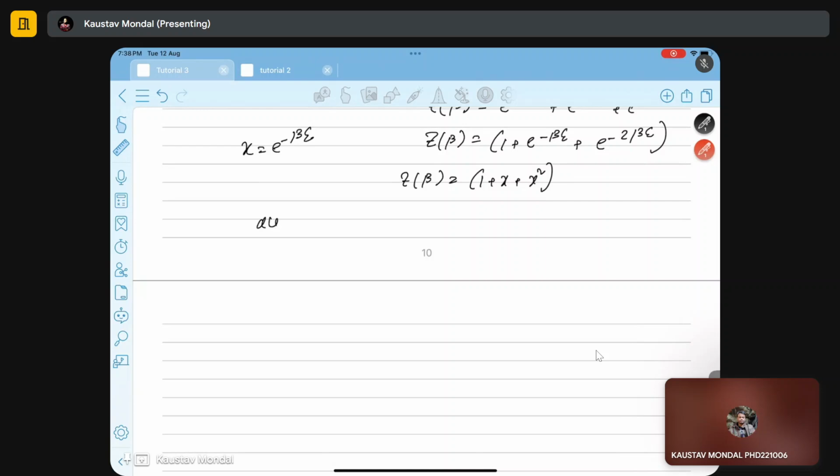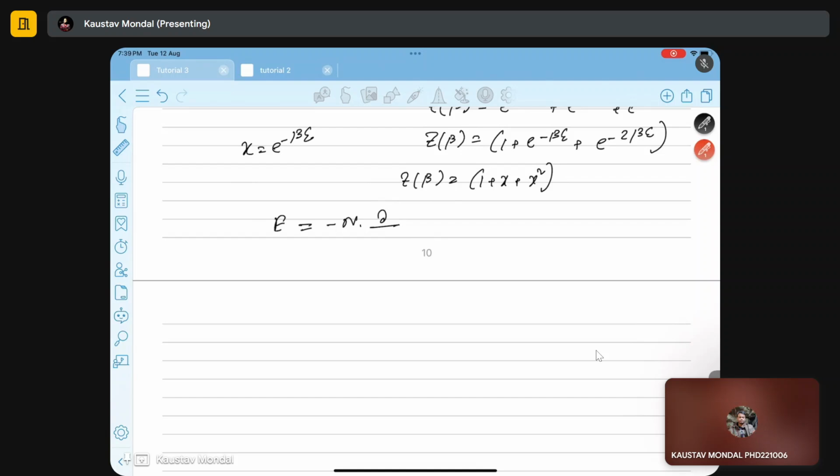The internal energy U is basically minus N del del beta of ln Z. So now ln Z would be ln of 1 plus x plus x squared.